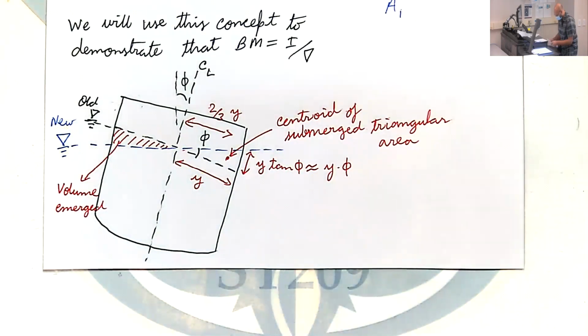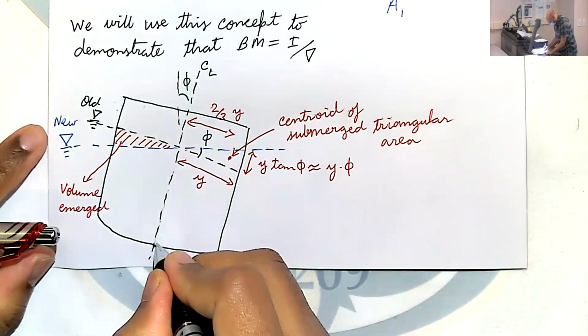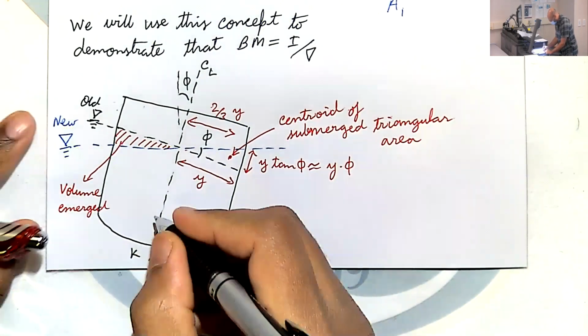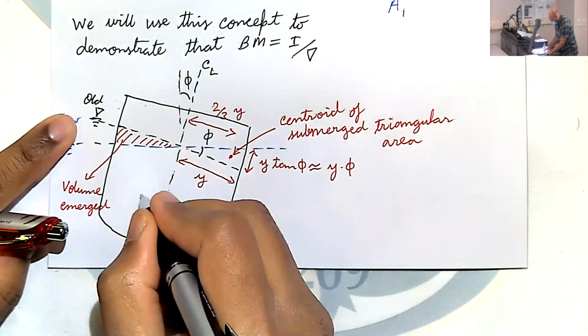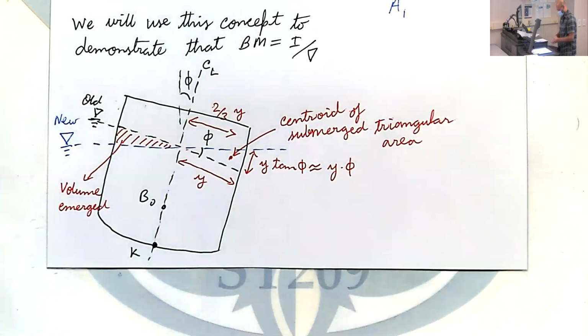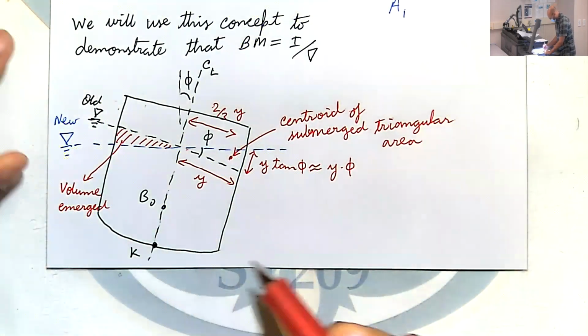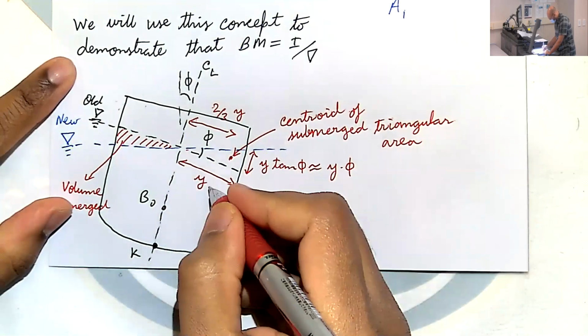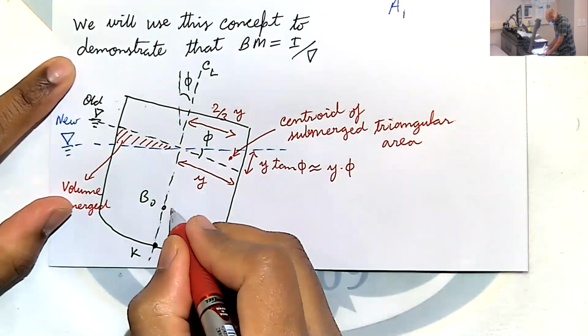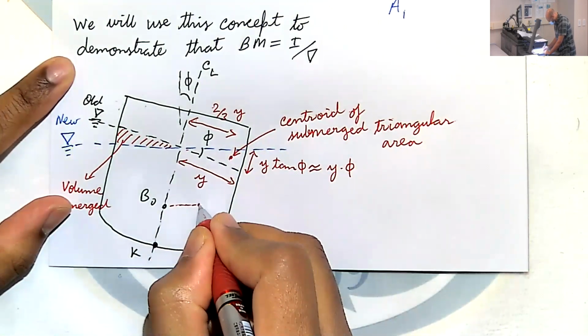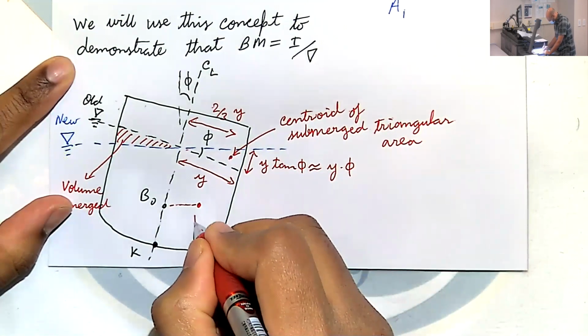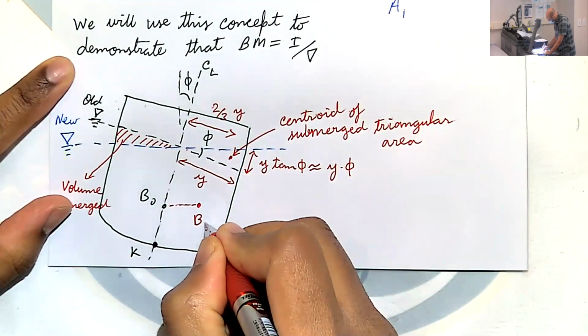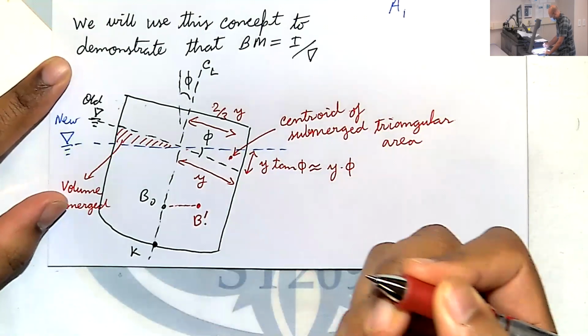Now let me mark, so this of course is the keel, and let's say our original B was here. And we know that when we tilt it, our B will have moved sideways. Let's call this B prime.